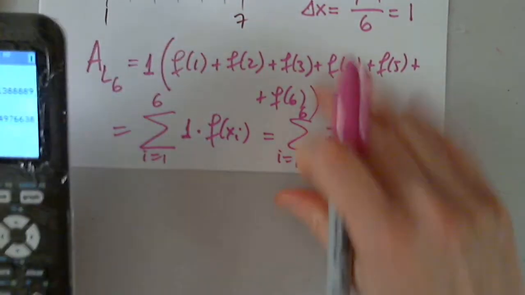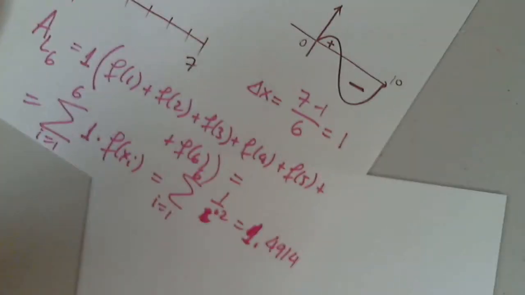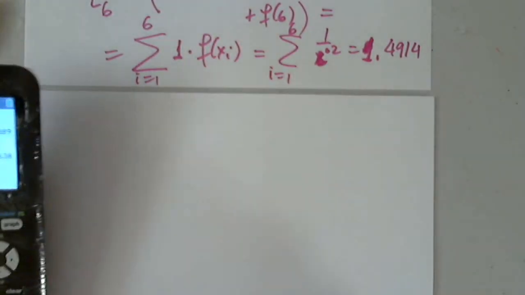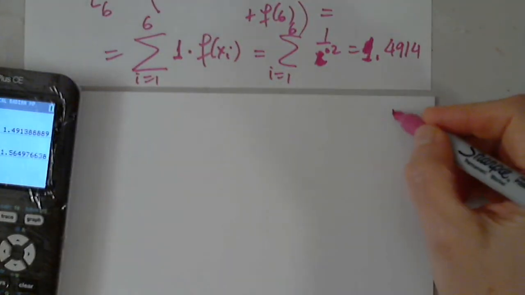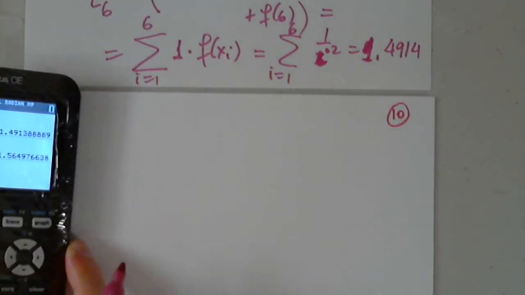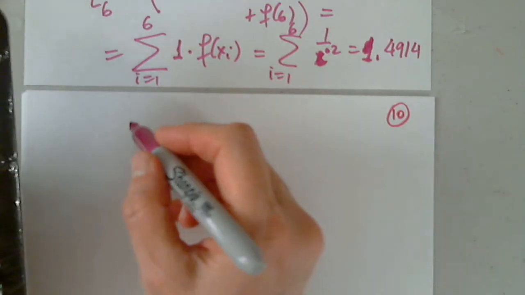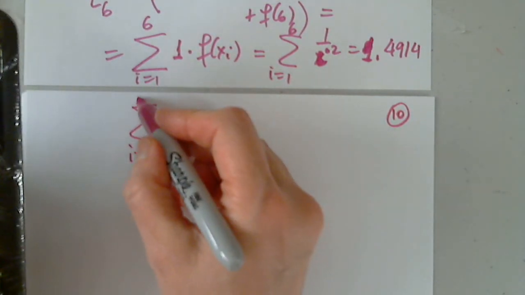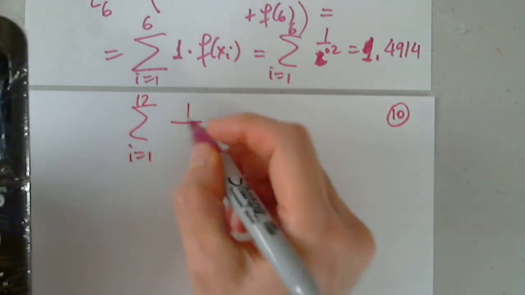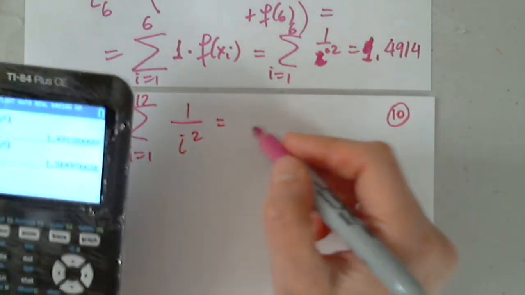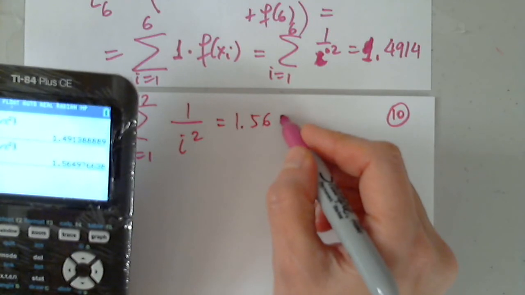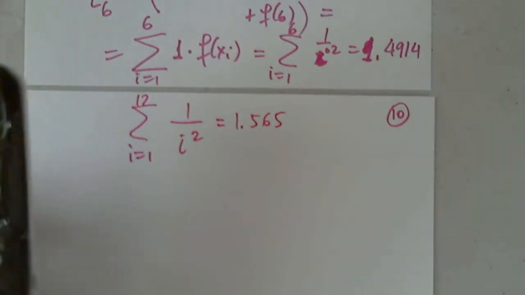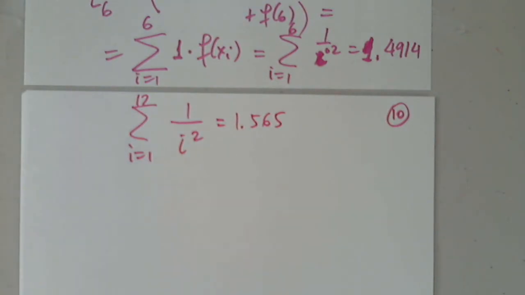Okay, so with 12 subintervals, do not purchase a calculator just for this. There is no need. I will find the syntax for you. So the sum from i equals 1 through 12 of 1 over i squared is 1.56497. So I'm going to round it to 1.5650 because they want 4 decimal digits.